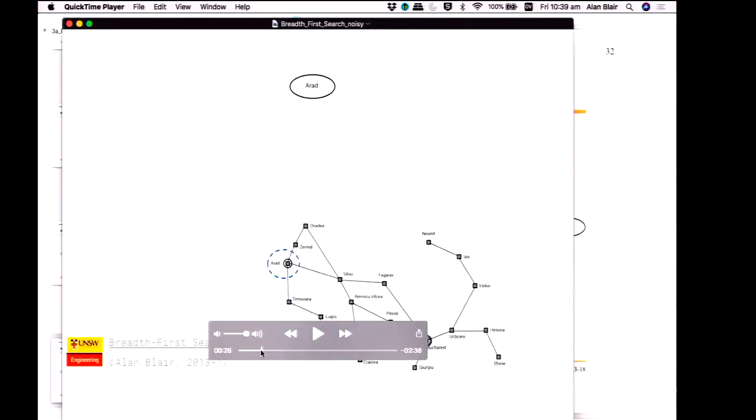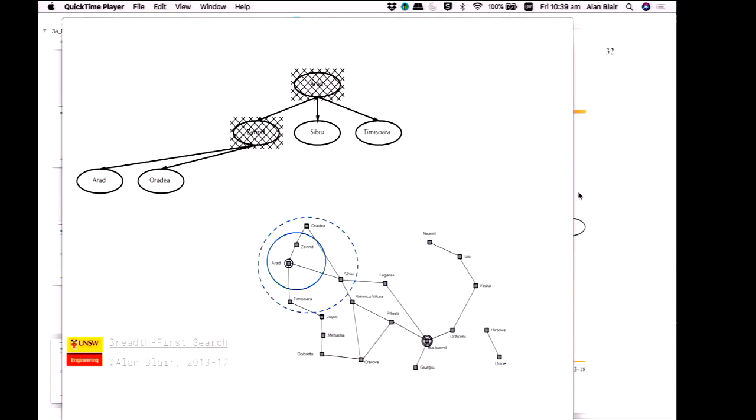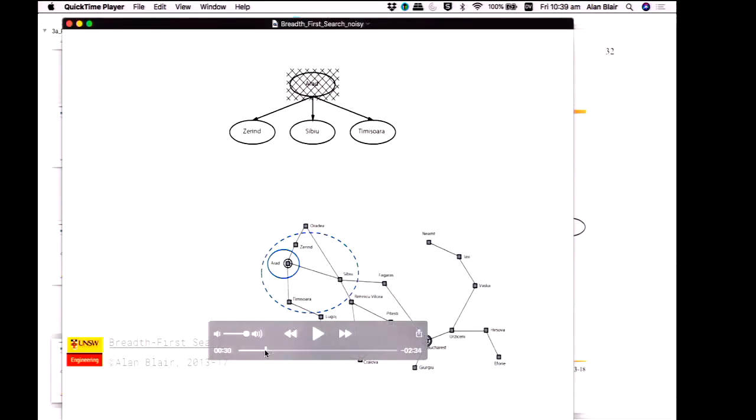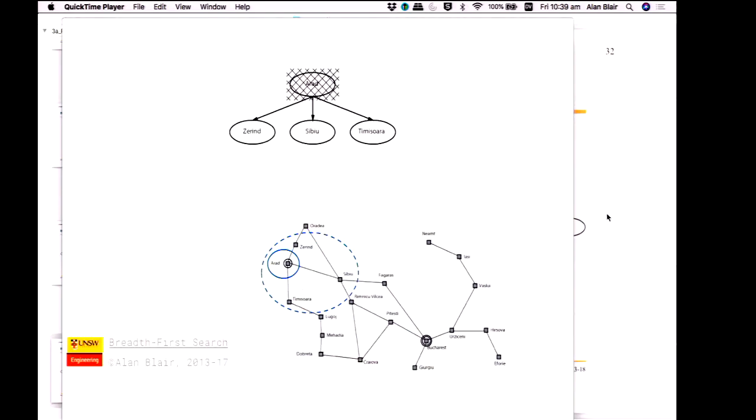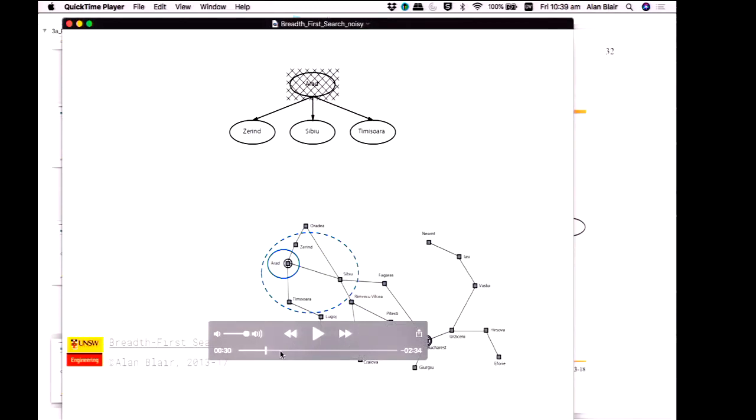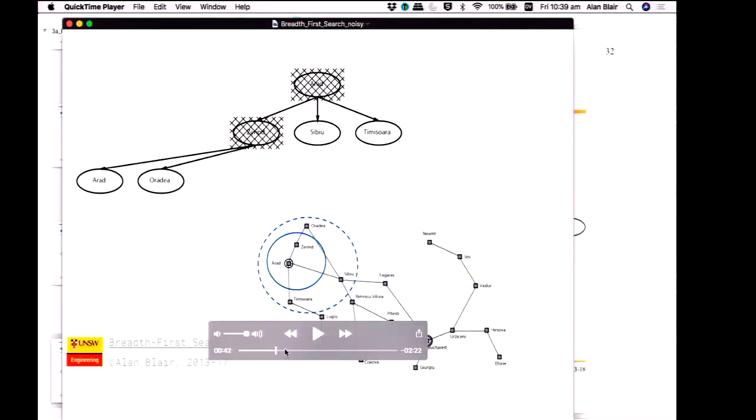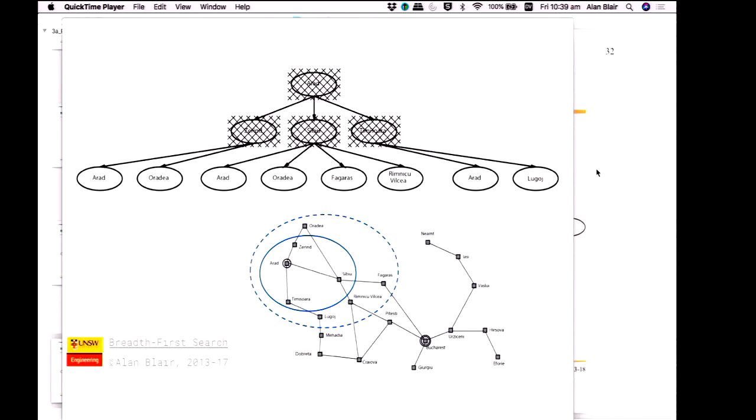So you start by saying, I'm in Arad, and then I look at all the places I can get to in one step from Arad, which is those three cities. And then I ask, what are the places I can get to in 2 steps from Arad? And that's these ones, right? So you expand out very systematically, all the things that are 1 step away, all the things that are 2 steps away.